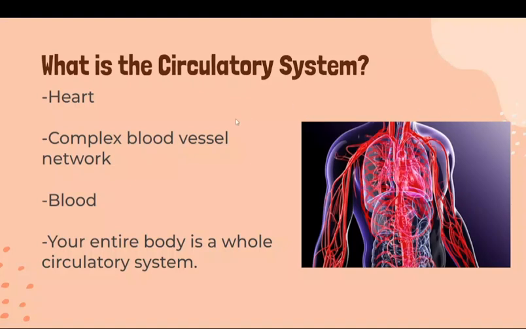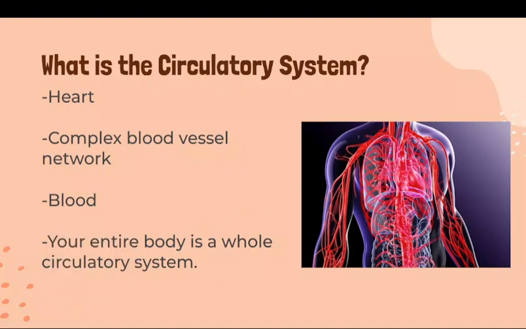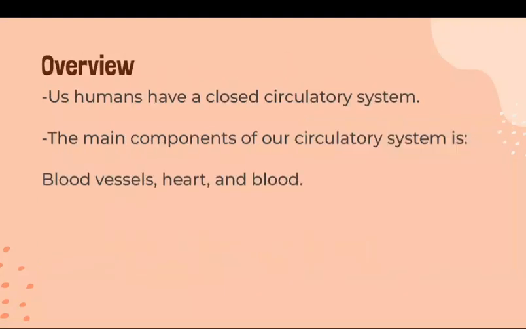But anyways, humans have very complex blood vessel networks. As you can see on the right, there are billions of blood vessels and different arteries all around your body, and it is important to understand the purpose of the circulatory system.